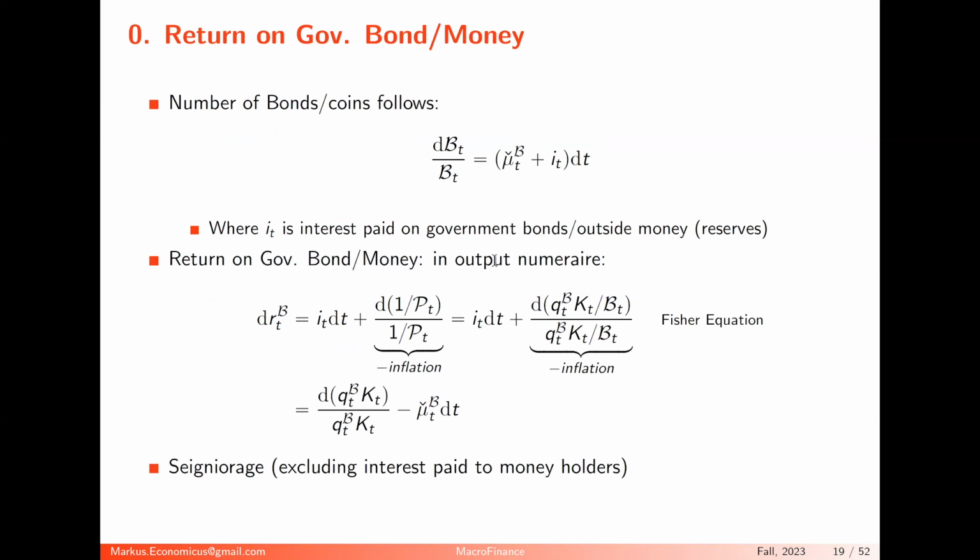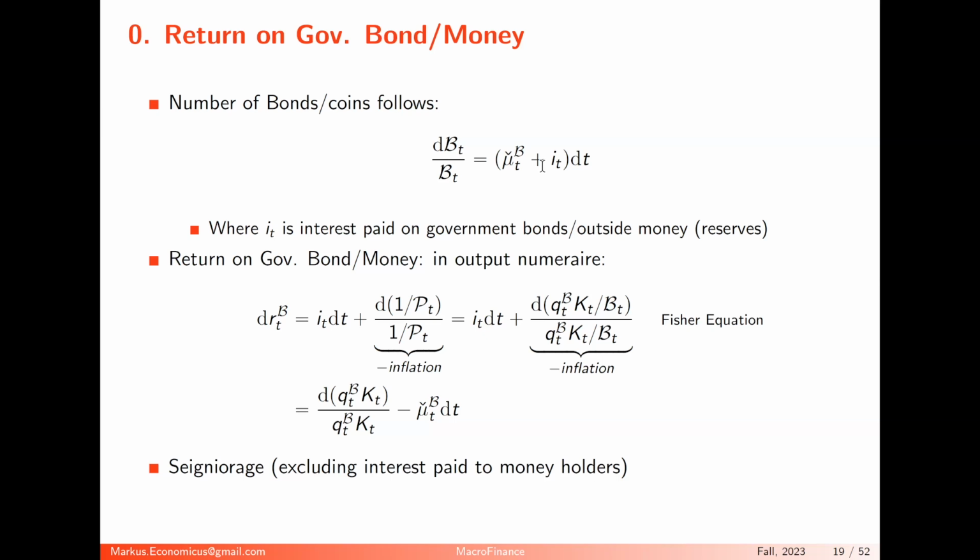Now let's look at the government bond or money. In this setting, government bond and money is the same. The number of bonds or coins follows the following. I issue government bonds at a rate mu B plus i. Why is it mu B check plus i? That's a trick question.